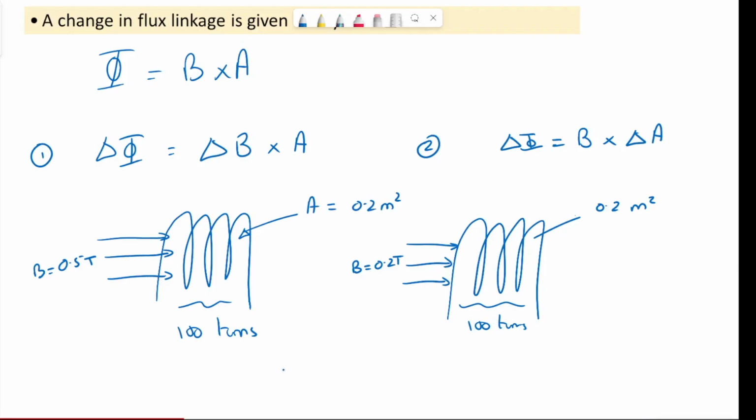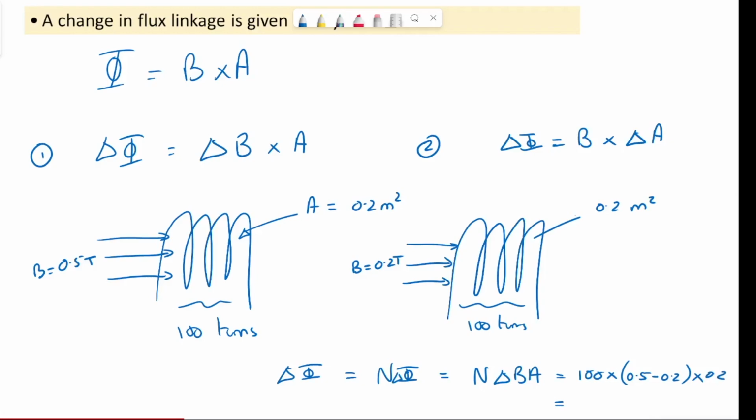The change in flux linkage in this case is going to be N delta phi, and in this case the delta phi is caused by the change in magnetic flux density, so it's going to be N delta B times A. Replacing the numbers into the equation, we have 100 multiplied by delta B being 0.5 minus 0.2 times the area of 0.2.